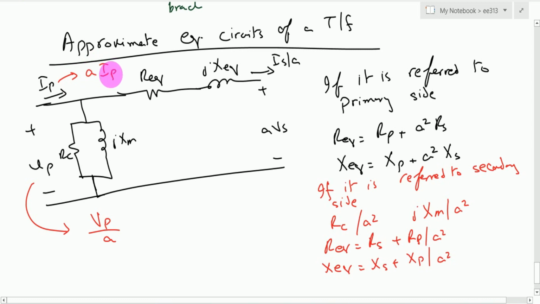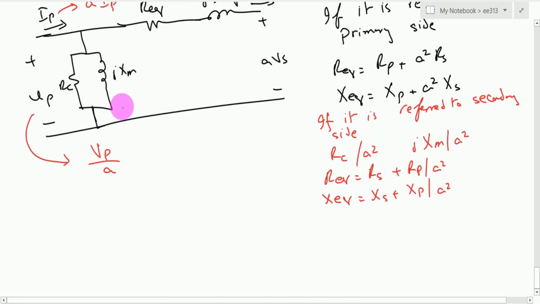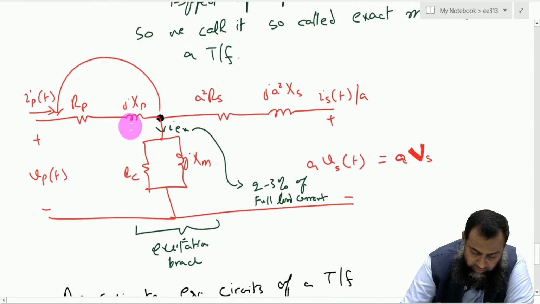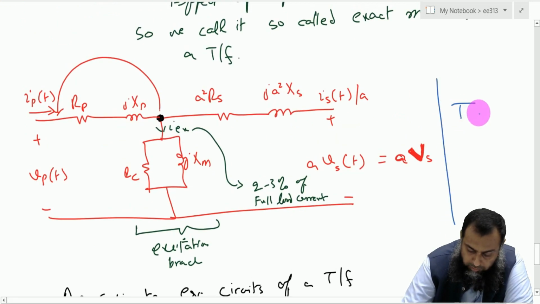So everything has to be shifted in a uniform way if we are referring the primary side to the secondary side or the secondary side to the primary side. We can further simplify this approximate model by neglecting this excitation branch from this T circuit. Remember that this original circuit is also known as the T model of a transformer, right?